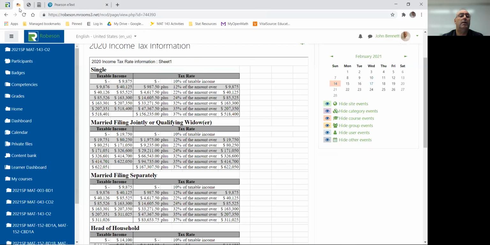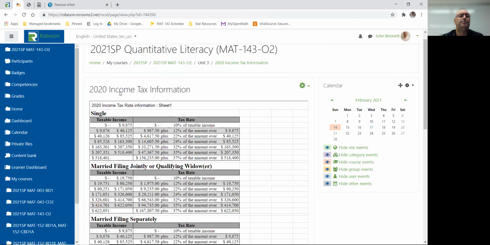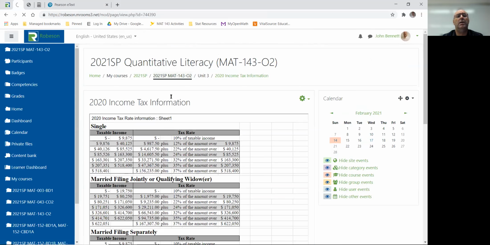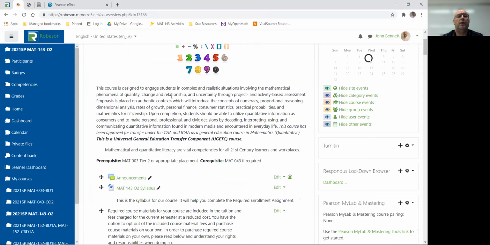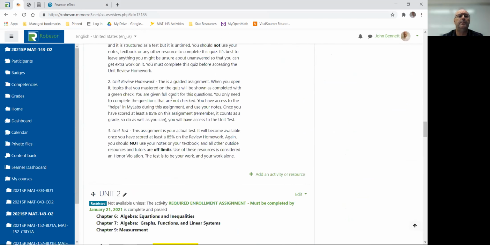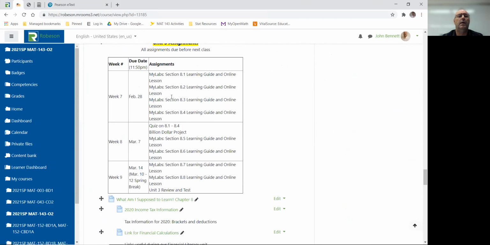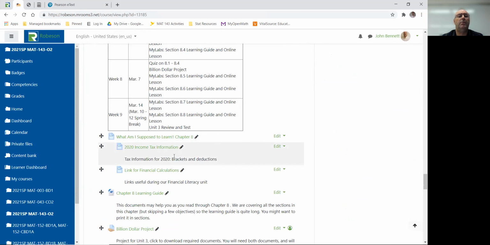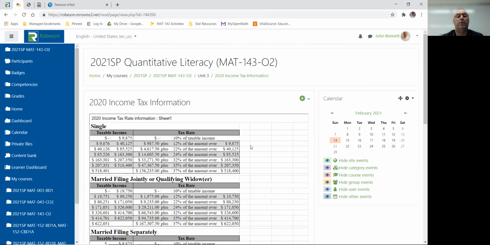To get to the chart that I provided you in Moodle, you just need to log into your Moodle page, into our course, scroll down to Unit 3, and right below the table of assignments, you'll see the 2020 income tax information. You click that link, and it opens up a spreadsheet that has a table for each different filing status.